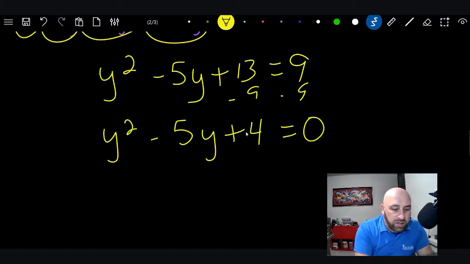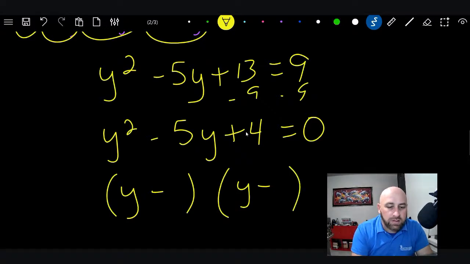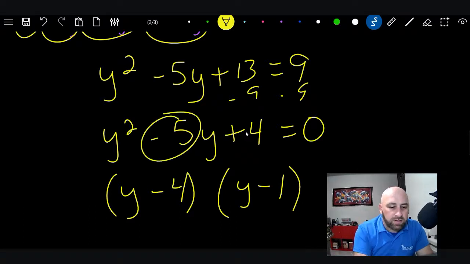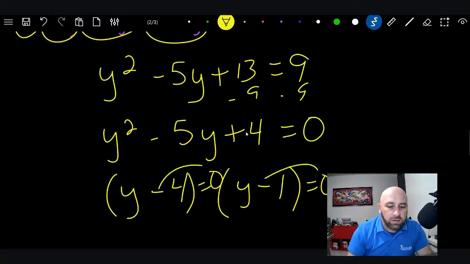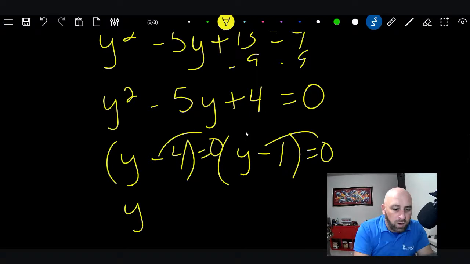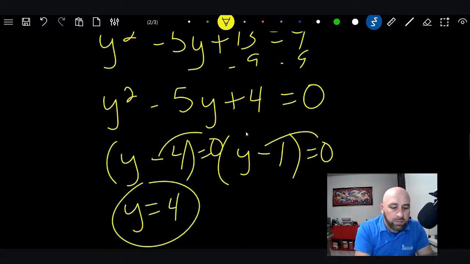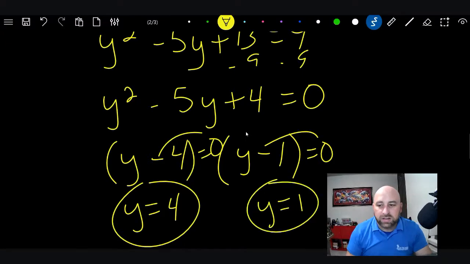So that's going to give me y minus, and we're going to get 4 and a 1. And that'll give us our 5 there in the middle. And then we set both of those equal to 0, move it over, and we're going to get y equals 4 as one solution. y equals 1 as the other solution.